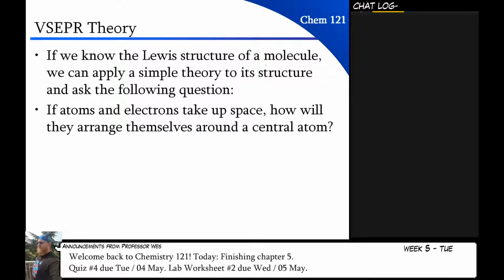And that is this. If atoms and electrons gather around an atom, and they all occupy space themselves because they're electrons, how do they arrange themselves? For instance, let's suppose that I have something like this. Here's my atom. It could be oxygen, it could just be whatever, really. I'm going to have a bond going this way. I'm going to have a double bond going this way. I'm going to have an electron pair going like that.